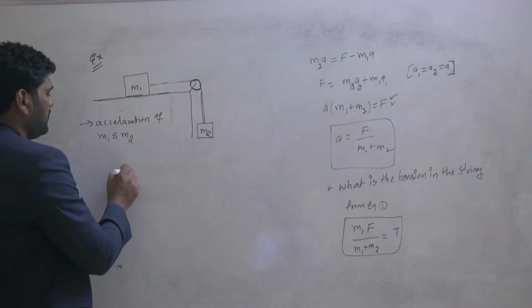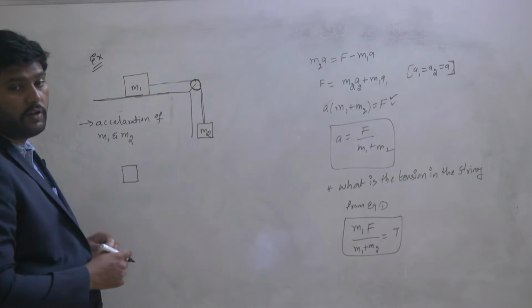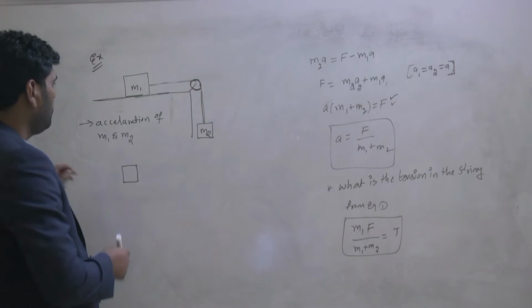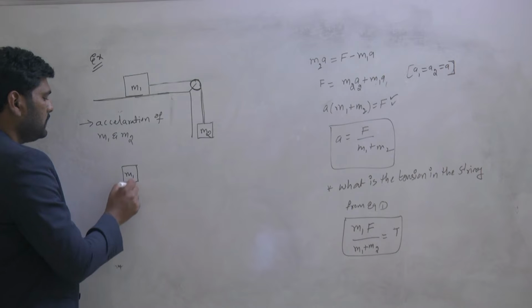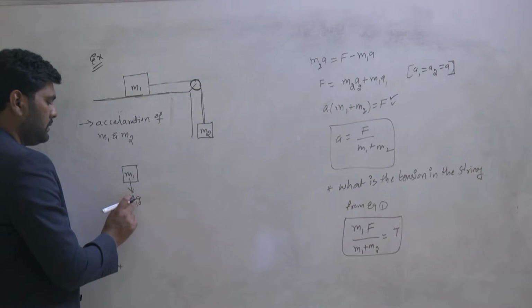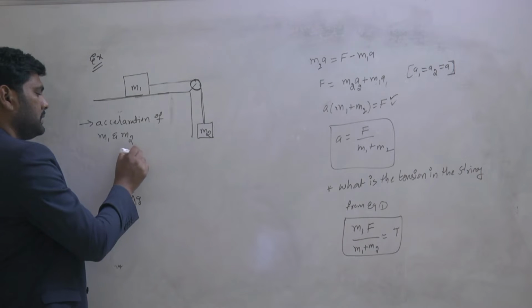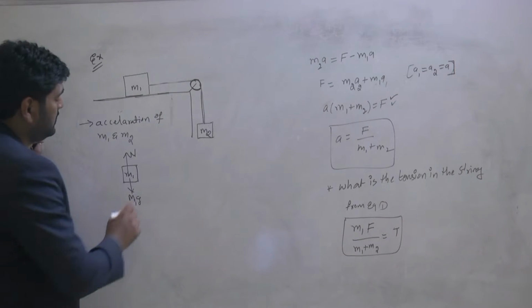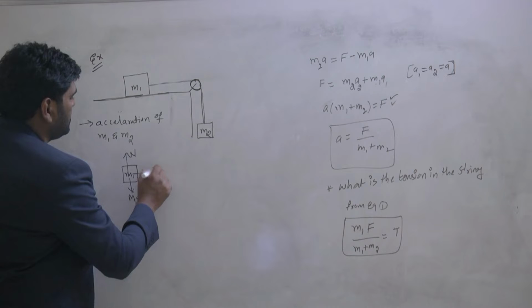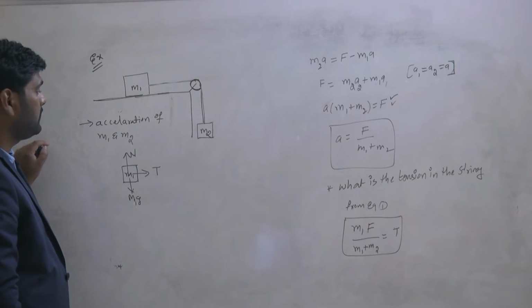First I'll take the free body diagram of mass 1. Here, M1G will act downward, normal reaction will act upward, and in this direction tension will act. So this is how the free body diagram takes place.